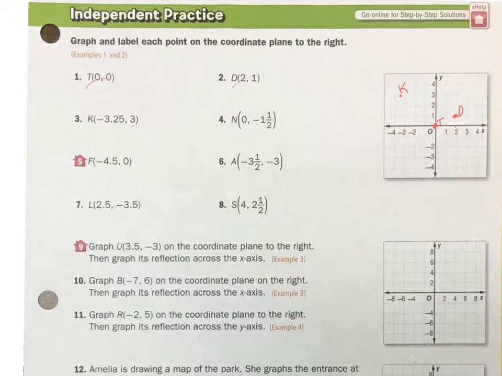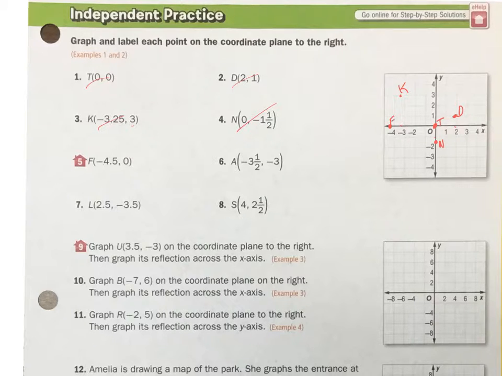Now, I'm going to check these off as I go. N is 0, and then down, negative 1 and a half. It's right there. That's N. F is negative 4.5, negative 4.5 right here, and 0.